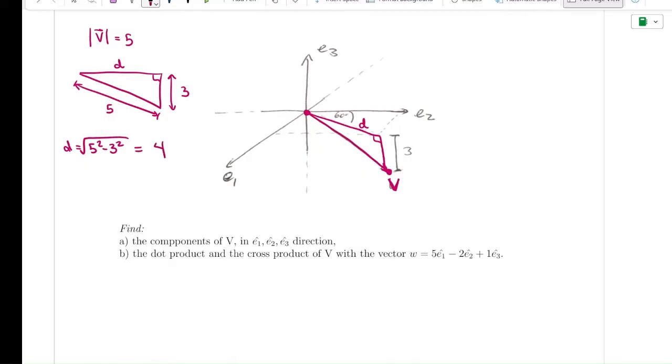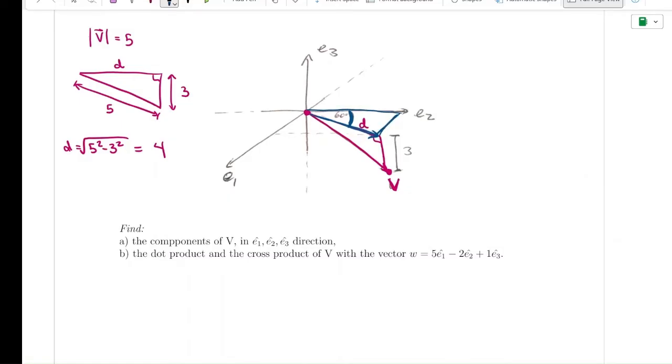So now we get that, which is cool, but we need to find the components in the E1, E2 hat direction. But we can do that because we now have the angle of this d projection vector onto the E1, E2 hat plane, and the magnitude. So we can draw this triangle now.